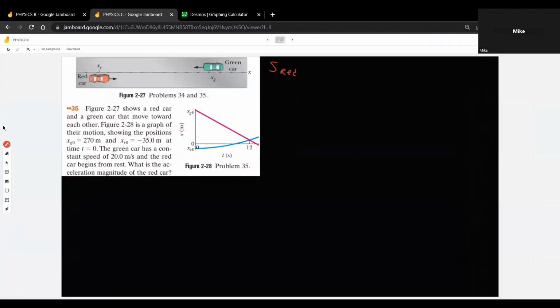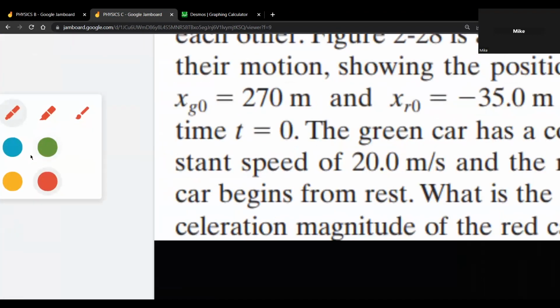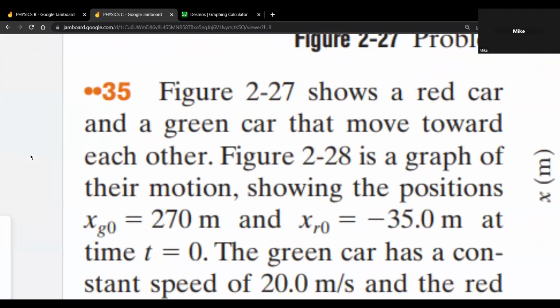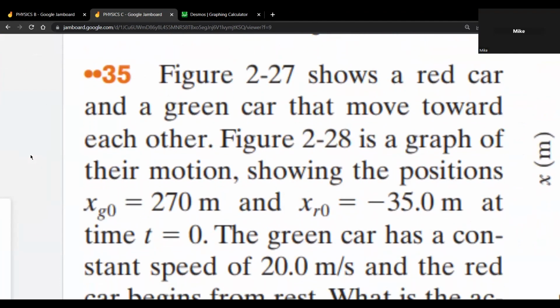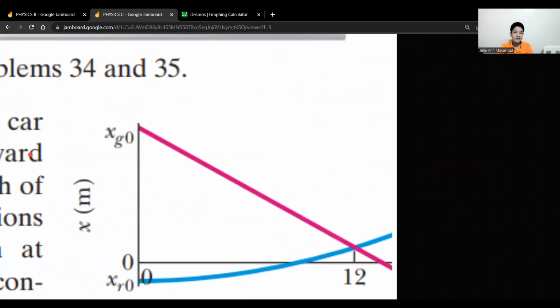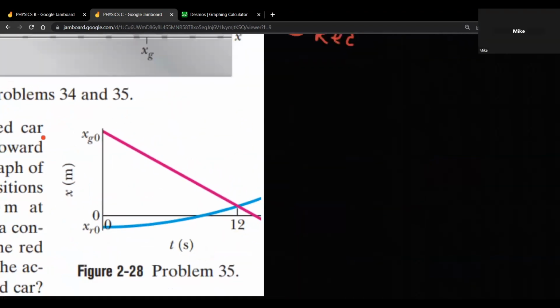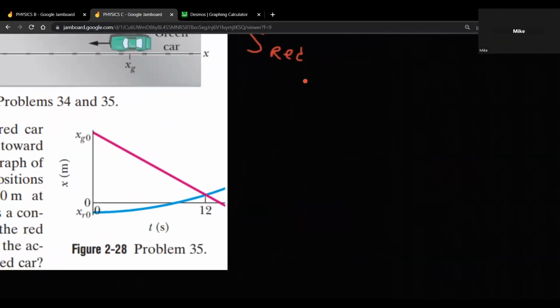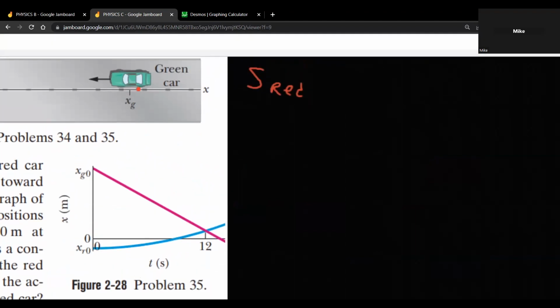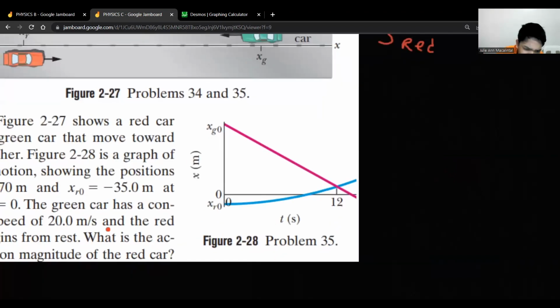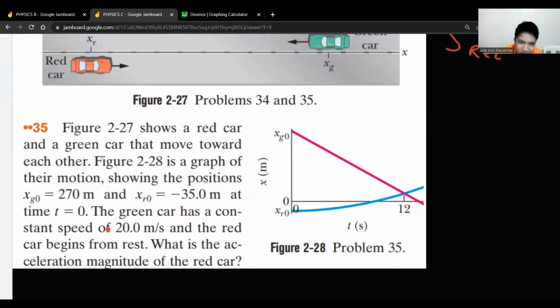Okay, so shows a red car and a green car. Tapos let's look at the graph. So yan yung green car, no? Yung pababa. And ano yung tanong? What is the acceleration of the red car?